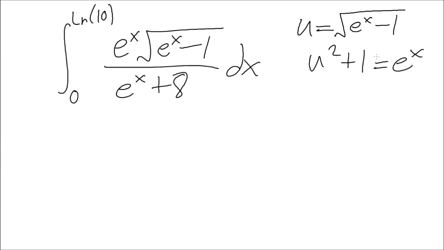Now you don't actually have to fully solve for x, and the reason why I say that is because look at this, we have an e to the x here, we have an e to the x here. So we can actually go e to the x dx, and then just go here 2u du, rather than saying x is equal to ln of u squared plus 1 and having to derive all that. This e to the x can be taken care of.